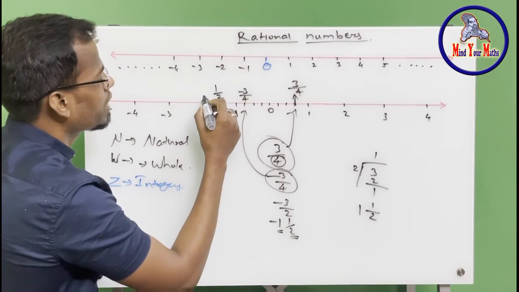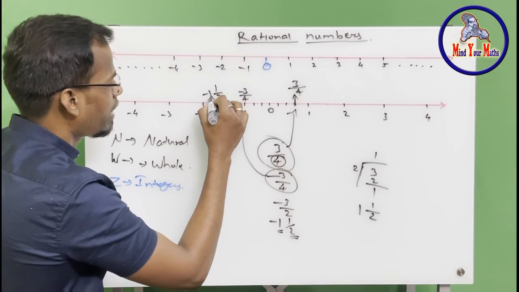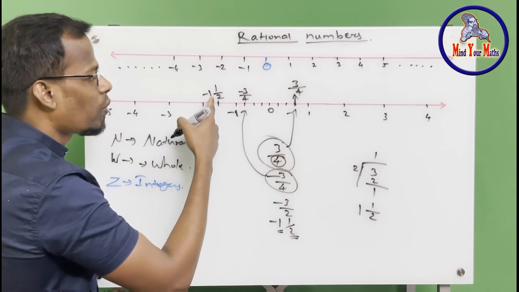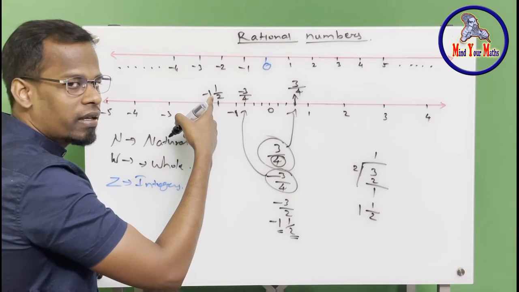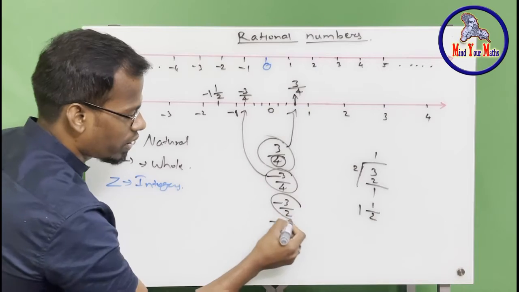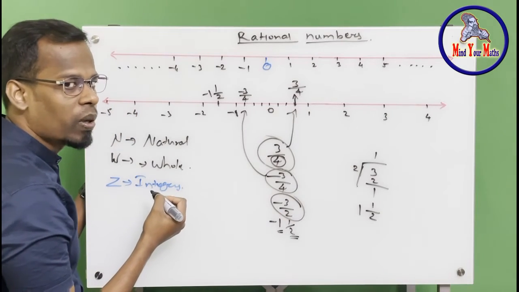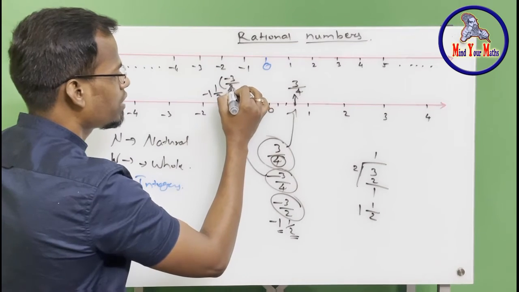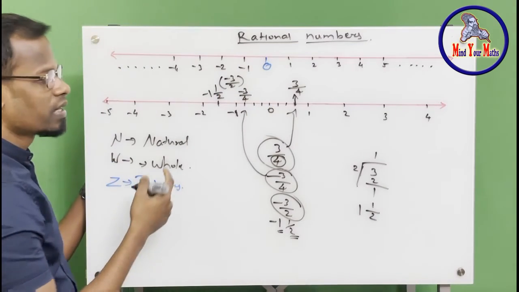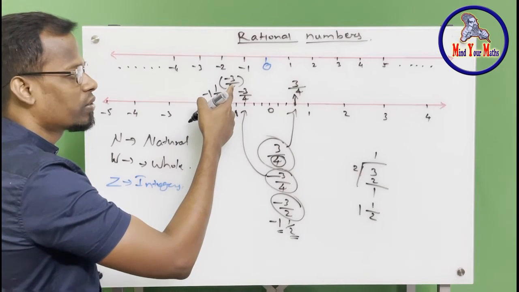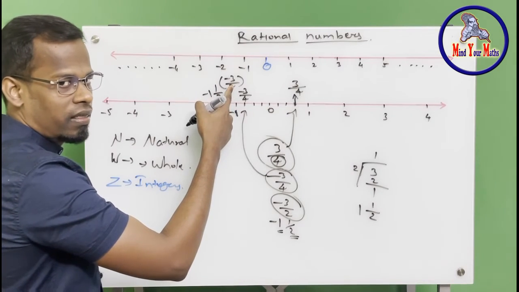But how do we represent it? We represent it as -1 and then 1/2, because we always have to add the whole number also. Or you can use the improper fraction itself, or you can write it as -3/2. Either way you can write it. -1 and 1/2 is a mixed number, or you can use the improper fraction this way.